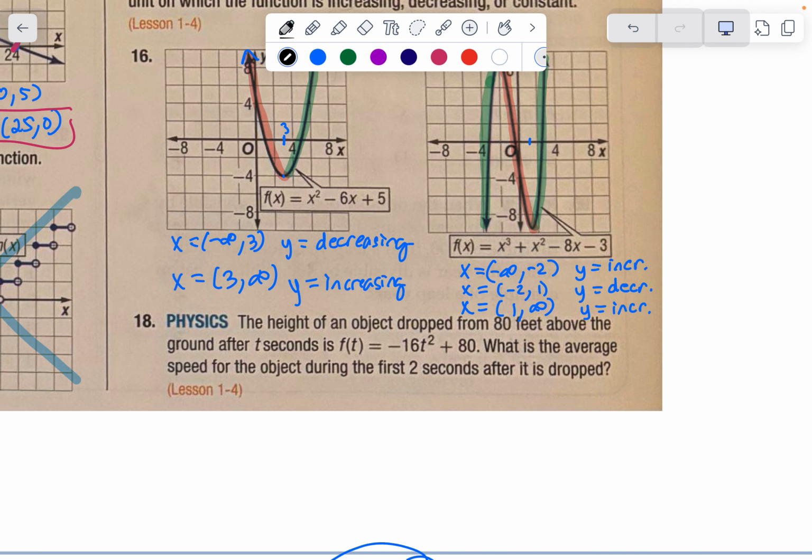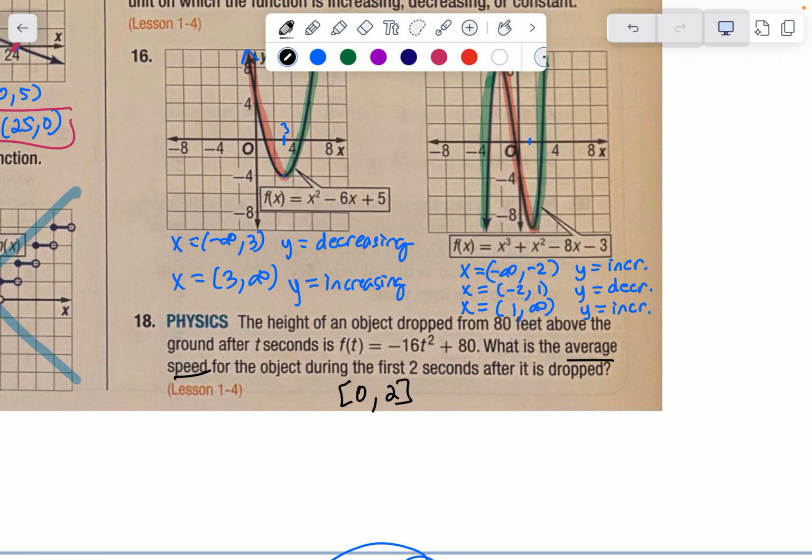The height of an object dropped from 80 feet above the ground after 2 seconds is given by that equation. What is the average speed for the object during the first 2 seconds? See the words here, average speed? That's the stuff we did in 1.4, okay? So if you think about it, it's really just saying what is happening on the interval from 0 to 2. So we're averaging out what happens at 0 and what happens at 2.